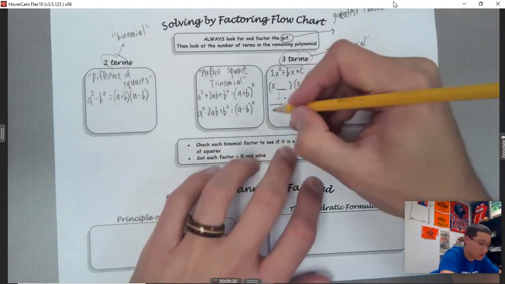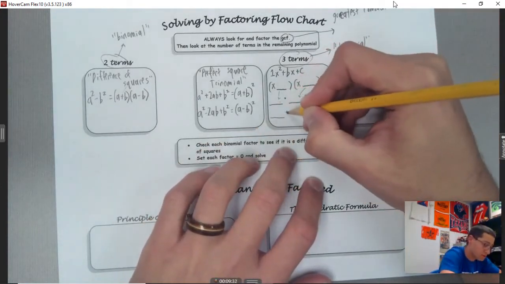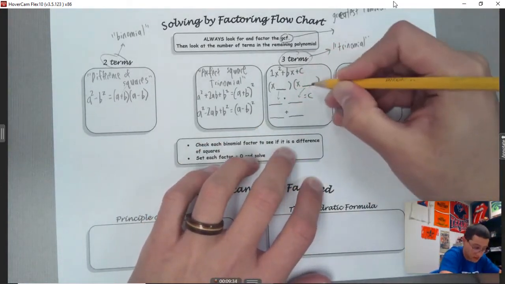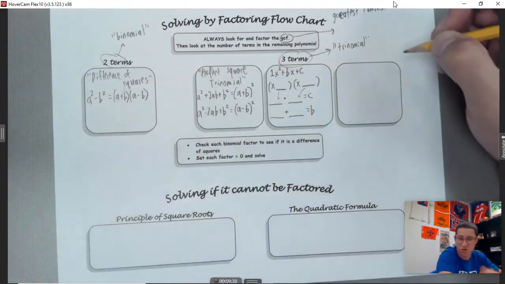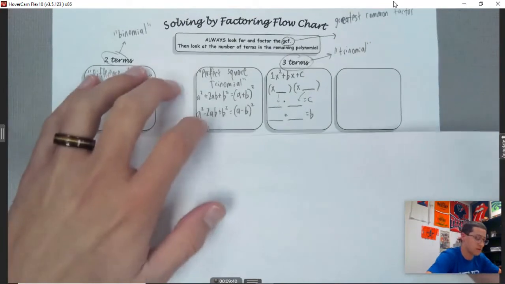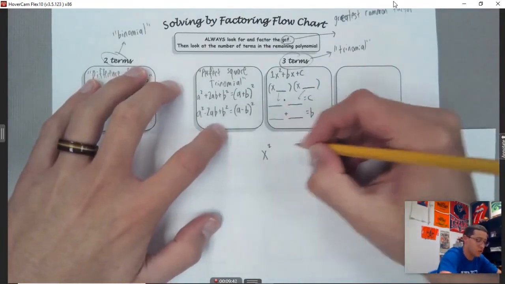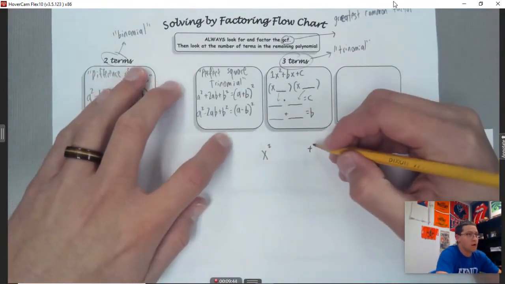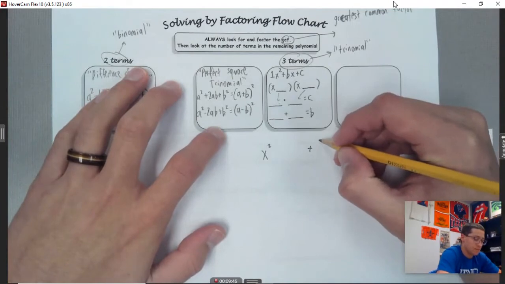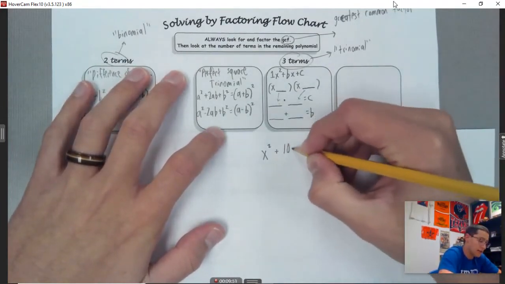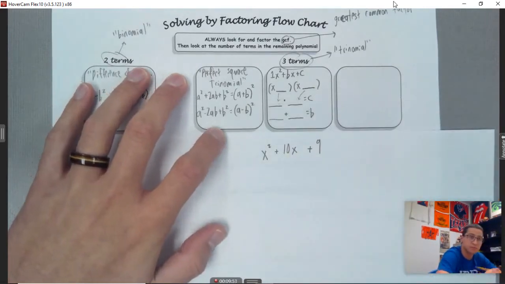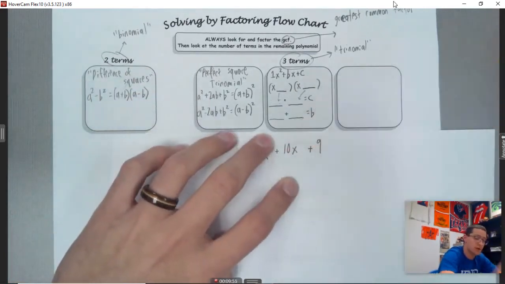But we want the first something plus the second something to equal b. So let's just do a quick example. Let's see, if I had x squared plus 9, and I had 10x here. No, let's do, yeah, no, that works.